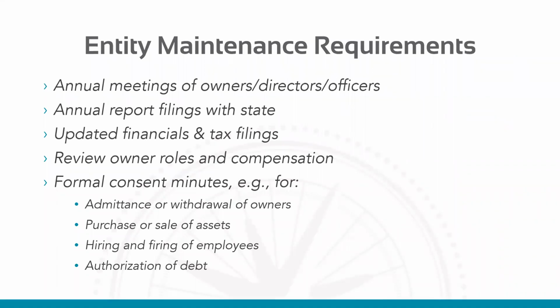But then also go through a list of items that require a decision of the owners. And looking at your operating agreement should give you some guidance with respect to what decisions require, whether you need unanimous consent or a supermajority or a simple majority.